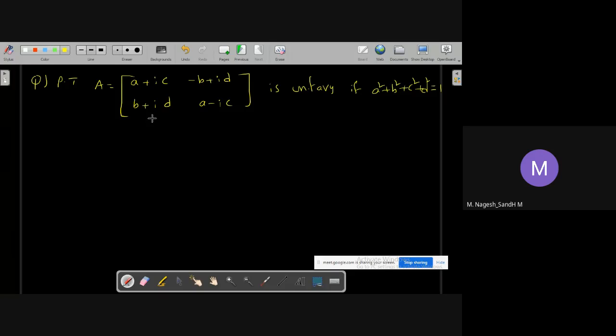So we have to prove this matrix A is unitary if a square plus b square plus c square plus d square equals 1. When this value is 1, the matrix A is unitary. This you have to prove.